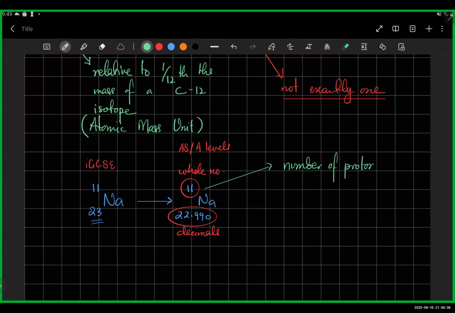The smaller number is the number of protons, which is also equal to the number of electrons, but only if the atom is neutral. Which is why it's called the proton number or the atomic number.